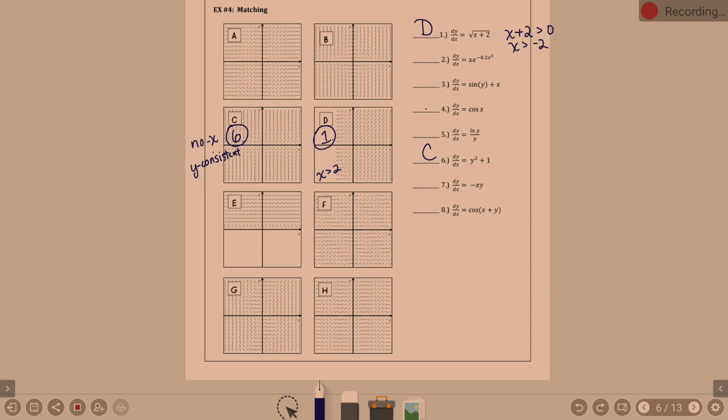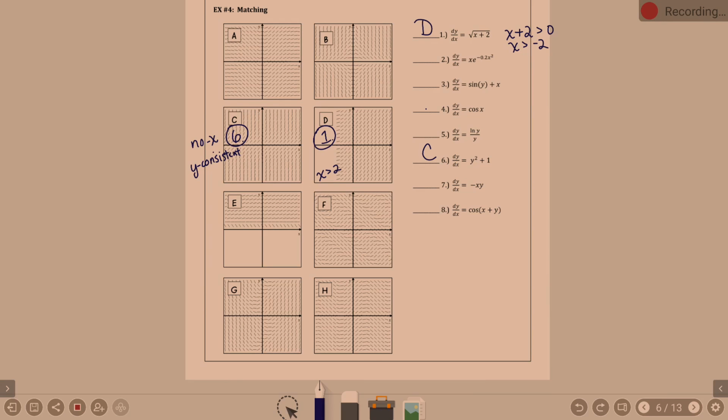So cosine of x. Well, I know cosine of 0, what's cosine of 0? 1. What's 0 here? 0.